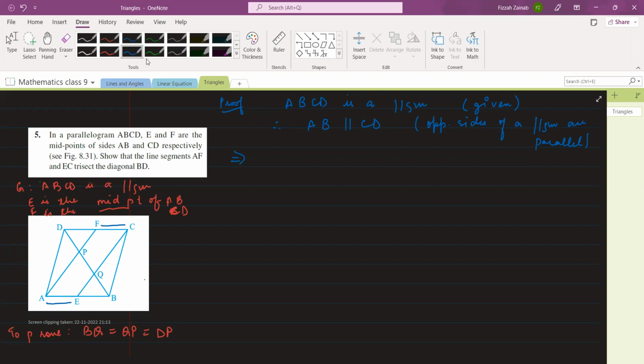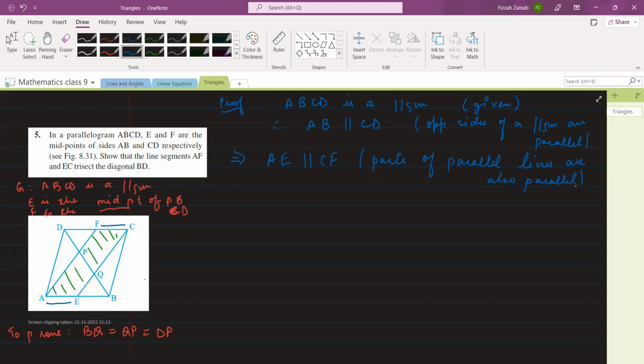Right, Jocelyn? So basically, I'm trying to show that this much is a parallelogram. So I want to show that AE is parallel to FC first of all. Now AB is parallel to CD, so I can say that AE will be parallel to CF. Why? You can write that parts of parallel lines are also parallel.